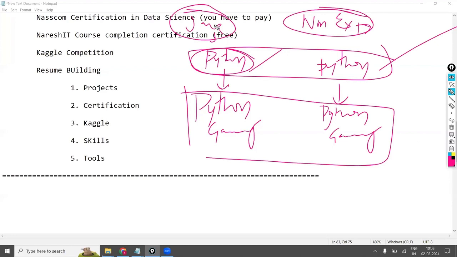Very simple logic. My work, whether it can be completed or not, is the first task. First point: if my work can be completed by a fresher also, then why do I have to pay for your experience? So when you have something additional, you have to project it compared to others.